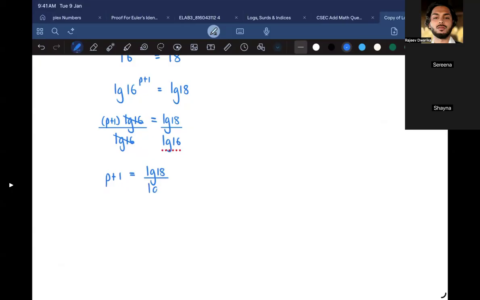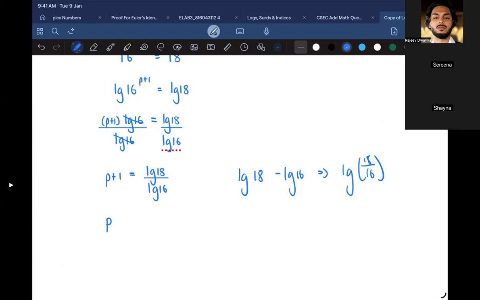What's the next step? You could write the log 18 over log 16 as... Nope. If it was log 18 minus log 16, then you could write that as log 18 over 16.